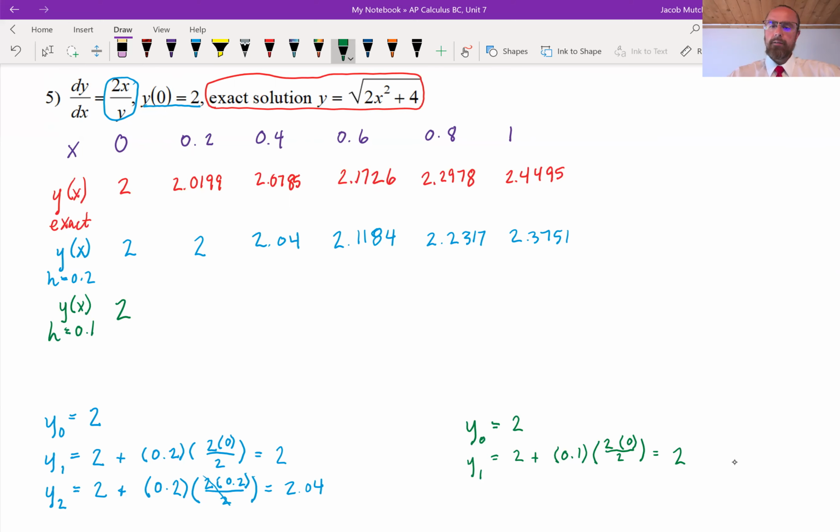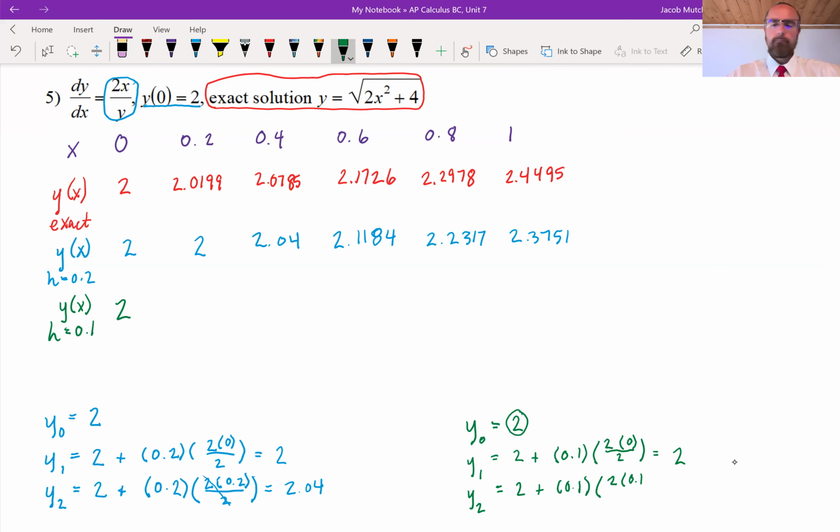I'm only reporting every other one, since my table goes by 0.2 increments. So this is the one that we'll report next, y sub 2. So it'll be y sub 1, 2, plus the step value of 0.1 times the function, 2 times, so my x value here is going to be 0.1.